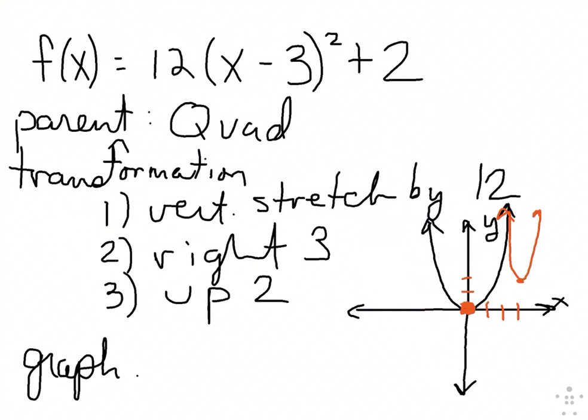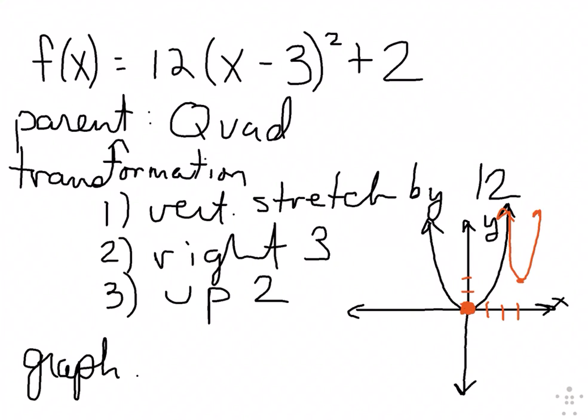And what do you guys think? Some of the pictures are not going to be this complicated. Some of the problems are maybe only going to have one transformation instead of 3. I decided to hit you with one that had 3 to give you the worst case scenario. A lot of your questions might only have 1 transformation taking place, or 2. So there's going to be some of them that are a lot less involved than this one.